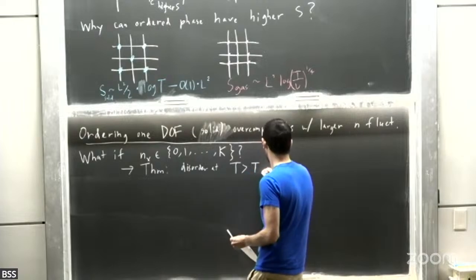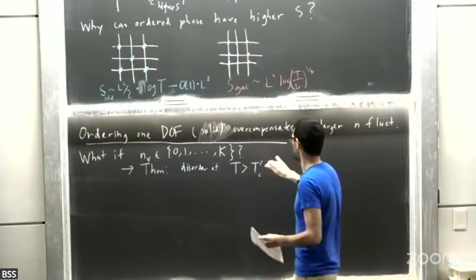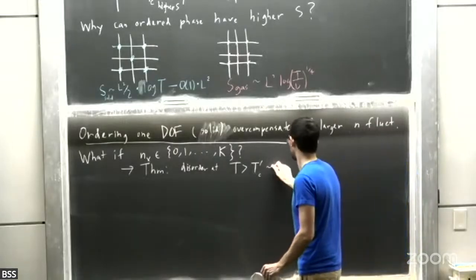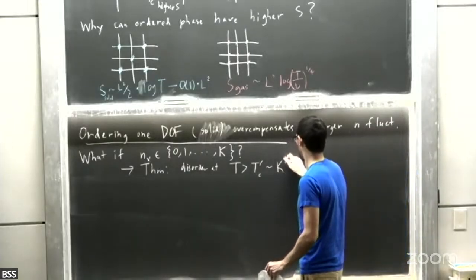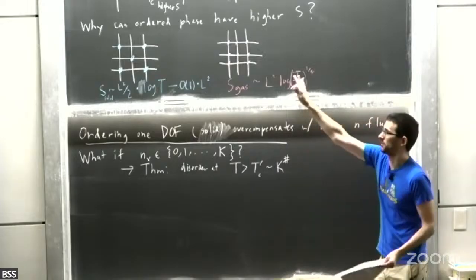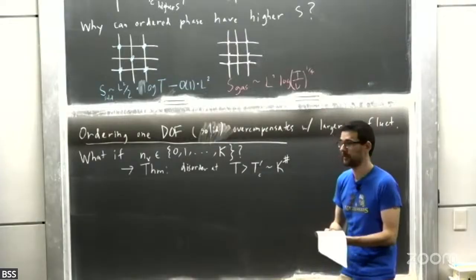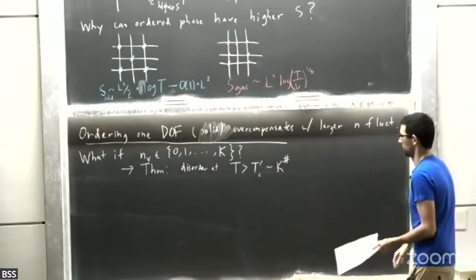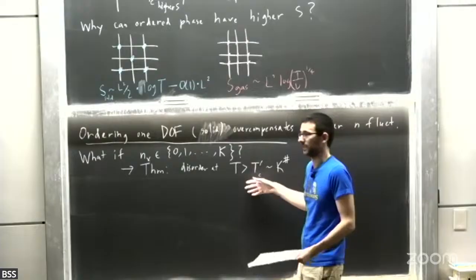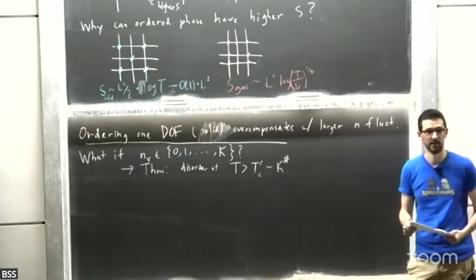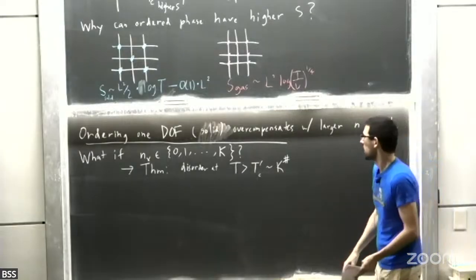But there will be a new critical temperature where the entropic order disappears, and this temperature will scale like k to some power. It depends on the specific choices in the Hamiltonian, if you used n versus n squared, et cetera. But we know that we have this theorem, so before calculating this Tc prime, we just know it's finite. So that's the end of the story in some sense.